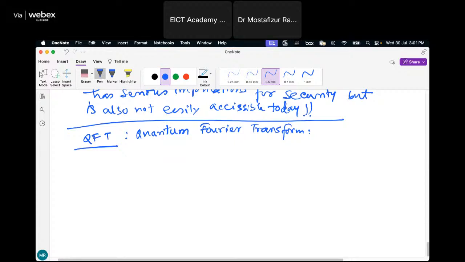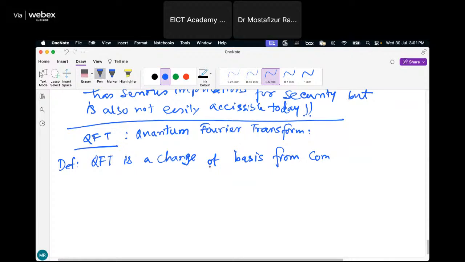This quantum Fourier transform. The simplest definition for this is that QFT is effectively a change of basis in this particular quantum computing context.